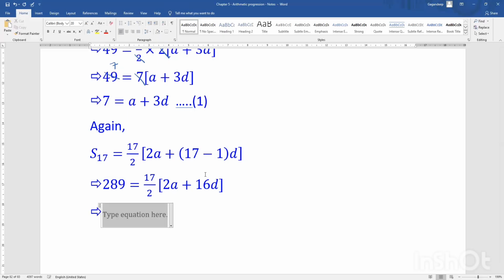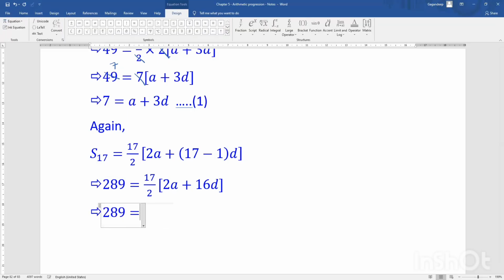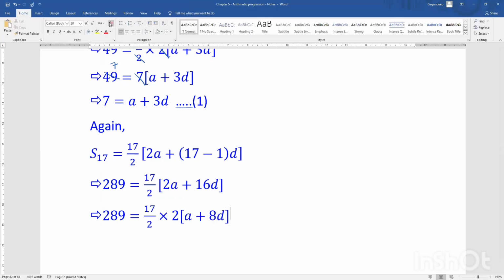Or this will be equal to 289 equals 17 by 2. Now just observe the trick that I follow. So 2a and 16d, again, we can take a 2 as common here. So what I do is I just write into, then 2 taken out common, bracket open, a plus 8d, bracket close.